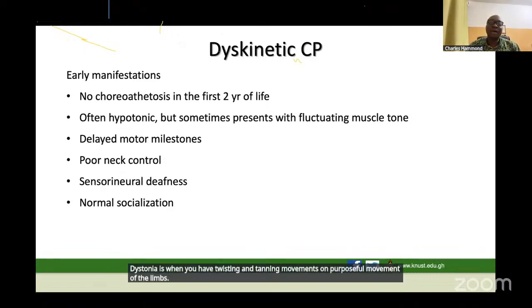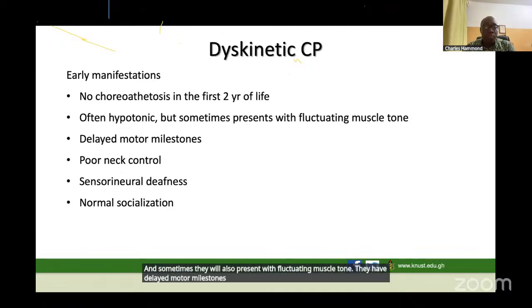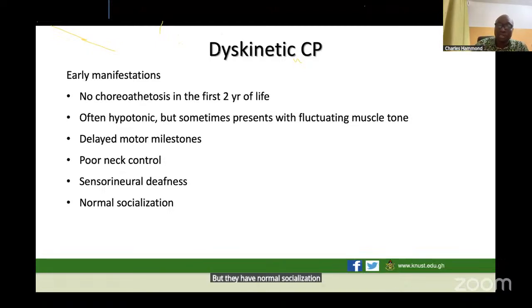In the early stages, they are often hypotonic, and sometimes they will present with fluctuating muscle tone. They have delayed motor milestones and poor neck control. They are at risk of sensorineural deafness most of the time, but they have normal socialization if they don't have sensorineural deafness.